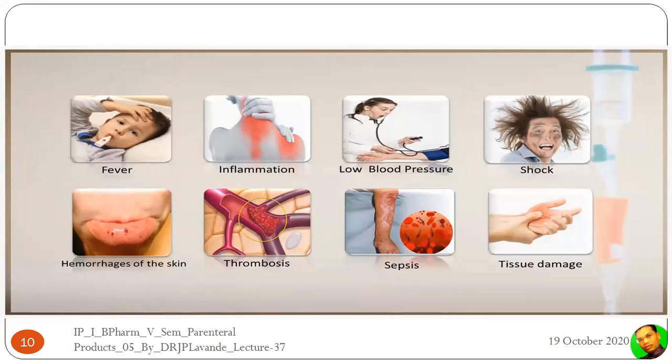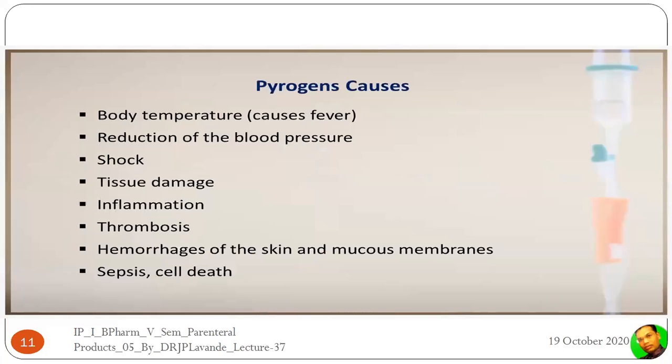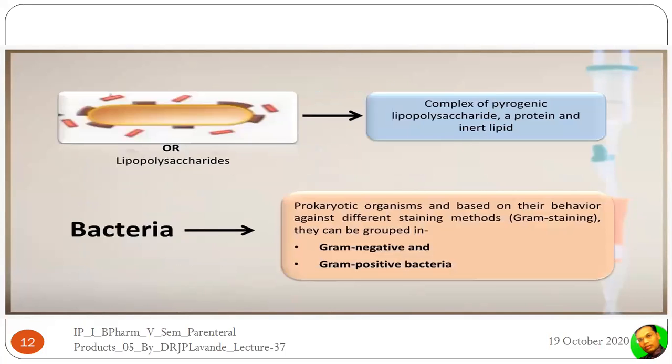It will lead to hemorrhages, thrombosis, sepsis, and tissue damage. So all these kinds of effects are caused by the pyrogens when they enter into the body. When such mild to severe effects of pyrogens are there, the presence of such agents is not at all desired in the case of the parenteral product.